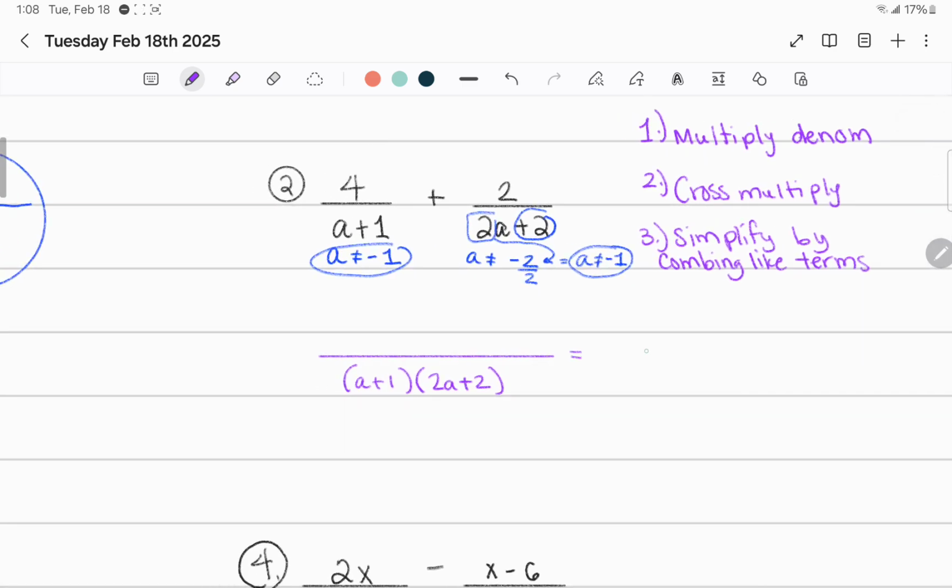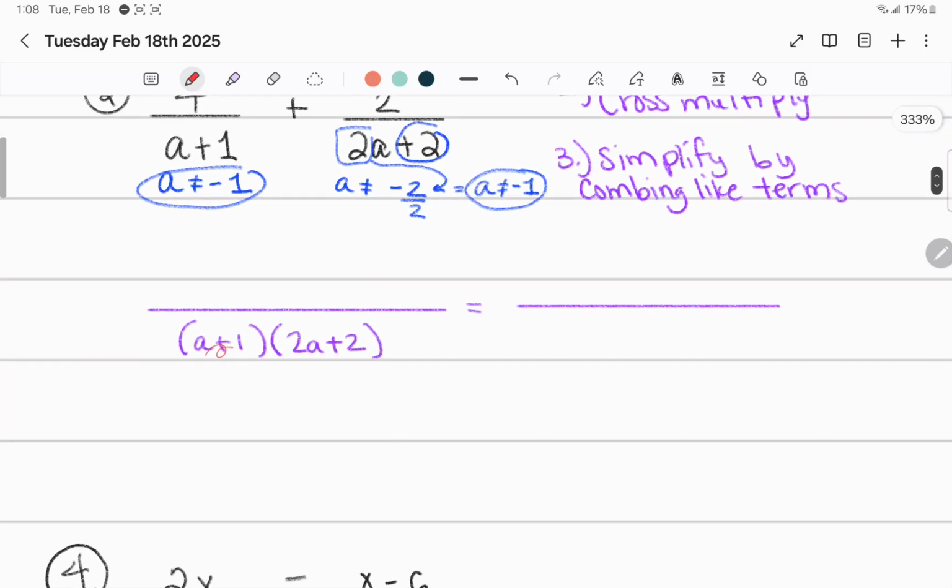So let's put the equal sign, and we're going to rewrite it. So remember that when you're multiplying, we are distributing. So you're doing a times 2a. So if there's an invisible 1 here, we did a 1 times 2, that's 2. And then since there's an a here and an a here, that's a power of 2.